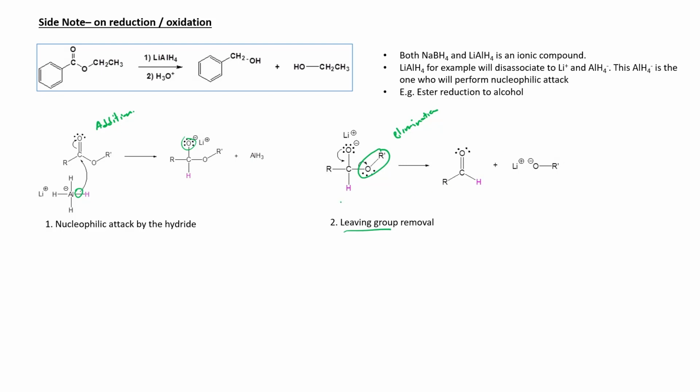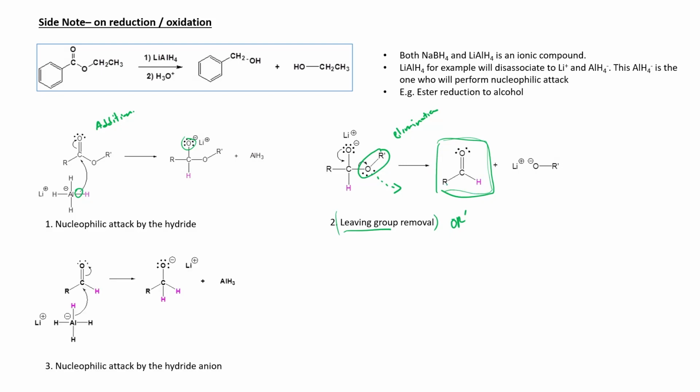You have 2 reactions in one: addition, then elimination. The meaning of leaving group removal is that in this case, the OR is a leaving group. This will be moved out. It will not come back. So that's why you get this. The detail we talk about later, but basically, this is what happened.